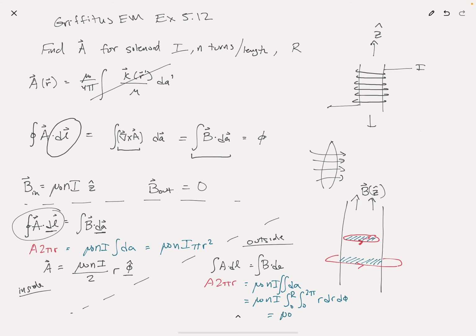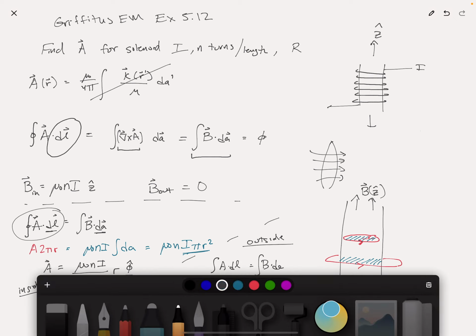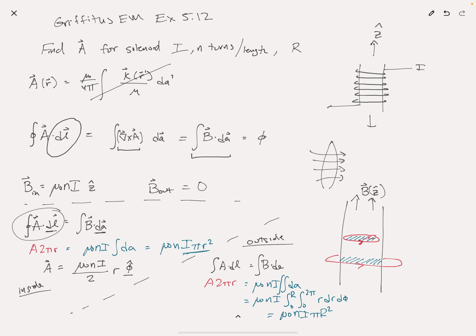That gives me mu naught NI pi capital R squared. See how that's different than the inside one. And therefore, our magnetic vector potential on the outside is equal to mu naught NI over 2 times R squared over r in the phi hat direction. Good, that also decays as opposed to growing as I make my loop bigger.